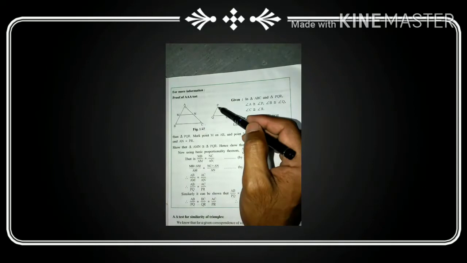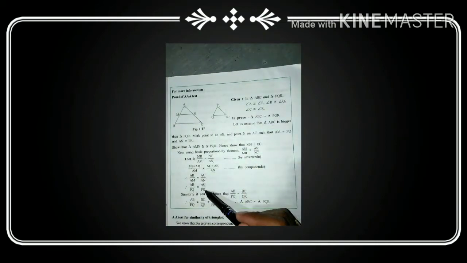Then AB upon MB is equal to AC upon NC, and then AB upon PQ. Here also, the value of AM is replaced by PQ, and then AB upon PQ is equal to AC upon PR.